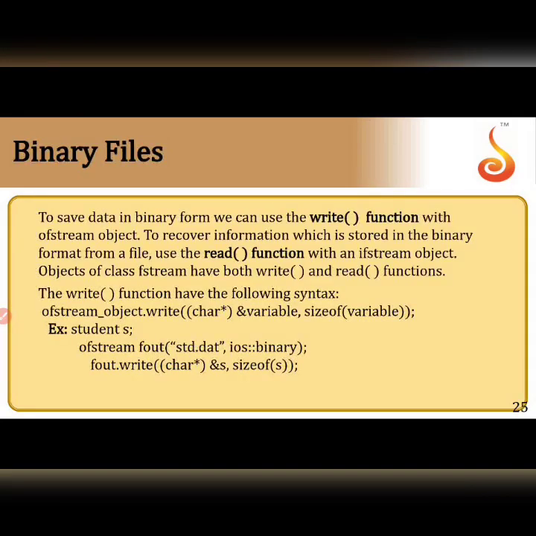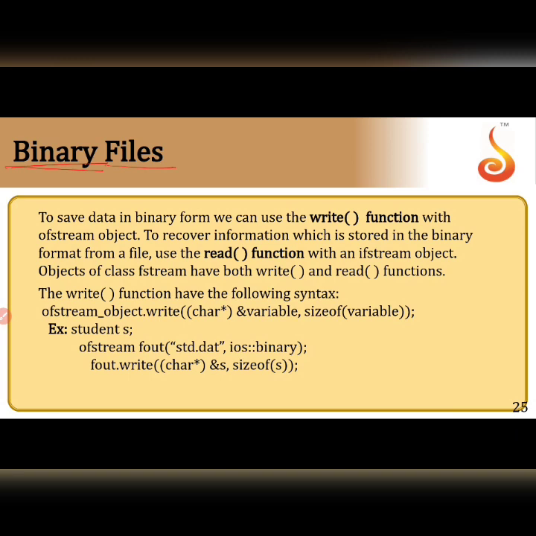Now we'll start with binary files. So, text files and binary files, the files are of two types. We had done that. Till now, we created a text file, read from it, wrote to it, everything we did. Now, we'll start with binary files.